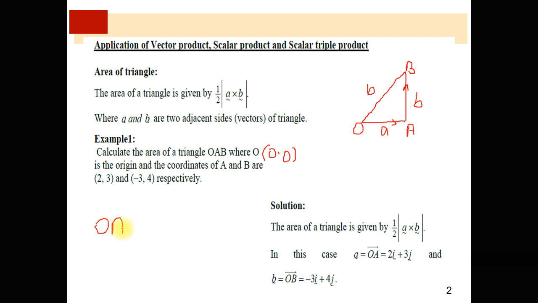So the vector defined by these 2 points, OA, this is a vector symbol, is equal to A minus O. Subtract the coordinates of the point O from the coordinates of the point A. We obtain vector A. So a vector defined by any 2 points is given by the subtraction of the initial point from the final point. OA means A minus O, OB means B minus O.